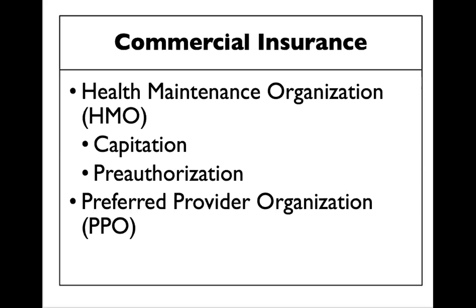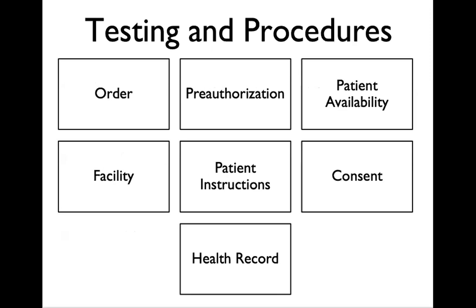All right. And the last thing that I'm going to cover are testing and procedures. So by now, you should know that when a patient is going to have a test or a procedure, there are some steps that we have to follow. So in some instances, patients can't arrange their own tests.